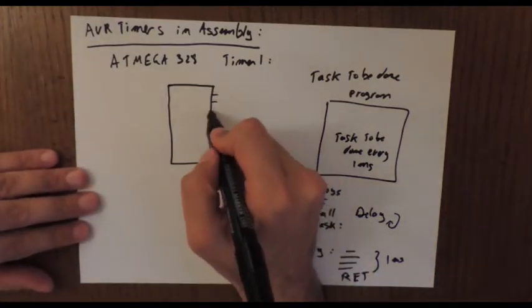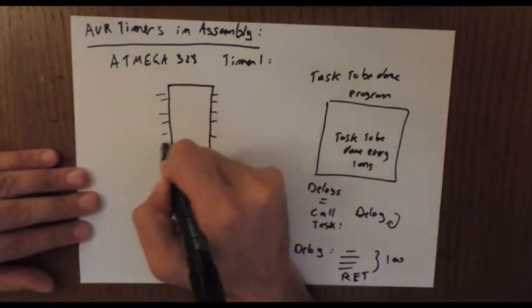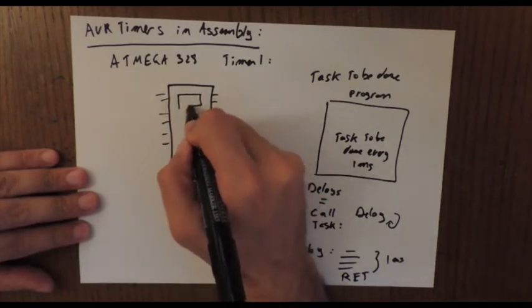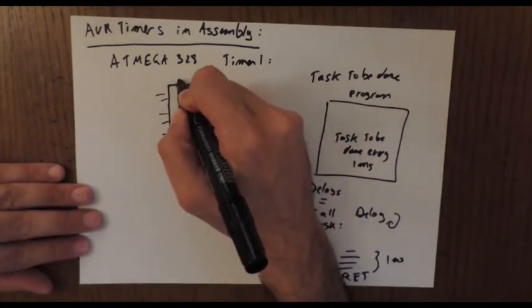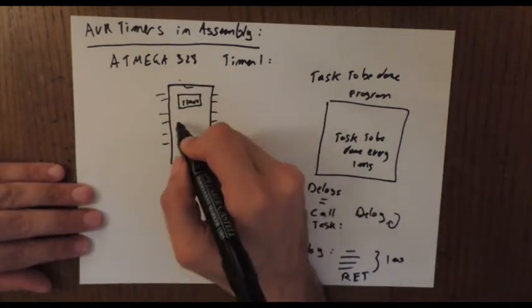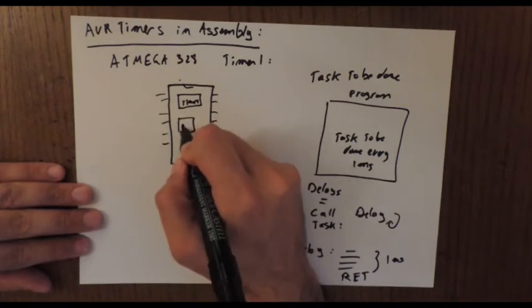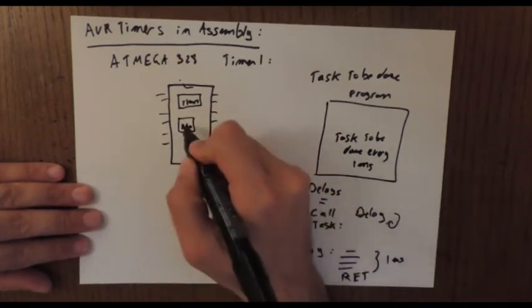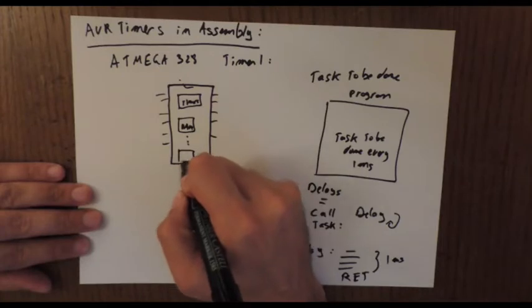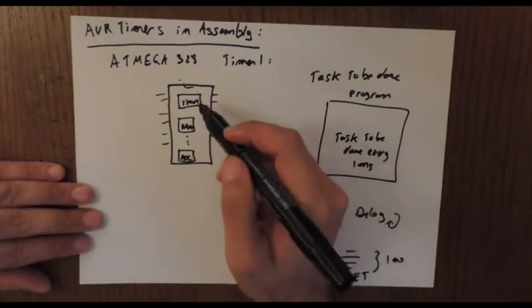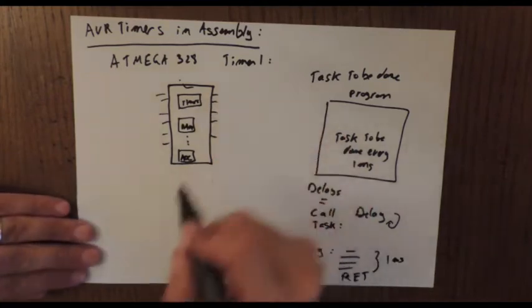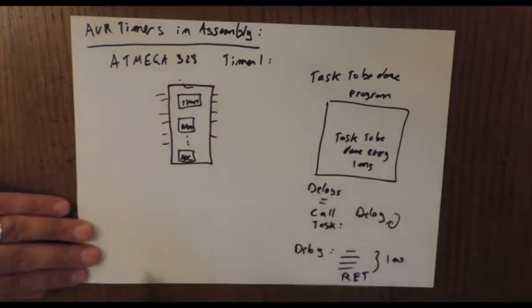However, in a microcontroller, timers are separate entities. It's a physical component inside your microcontroller, just like RAM and, let's say, the ADC, analog digital converter. We have RAM, and we have a component called timer. This component is a hardware component.